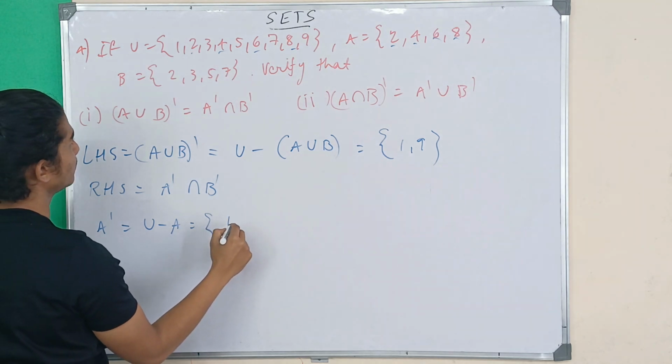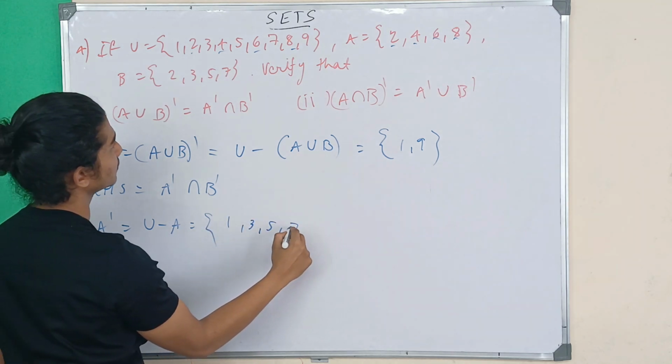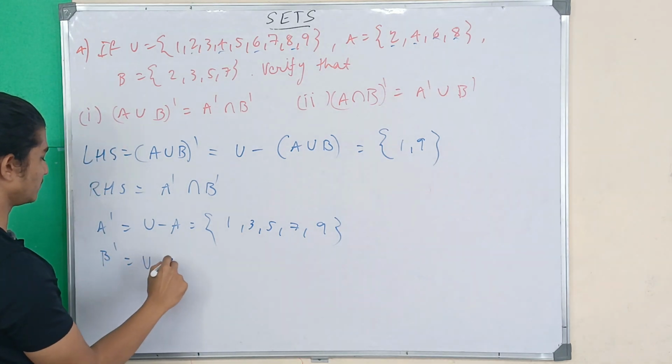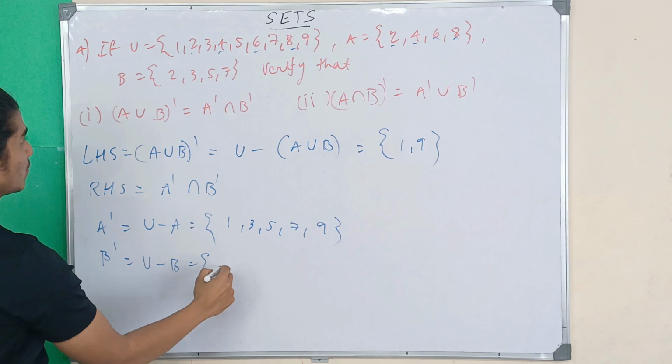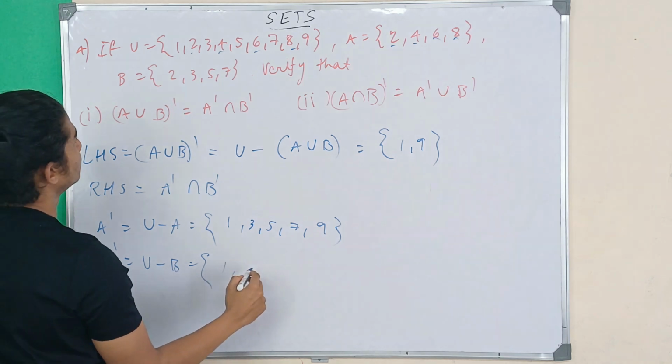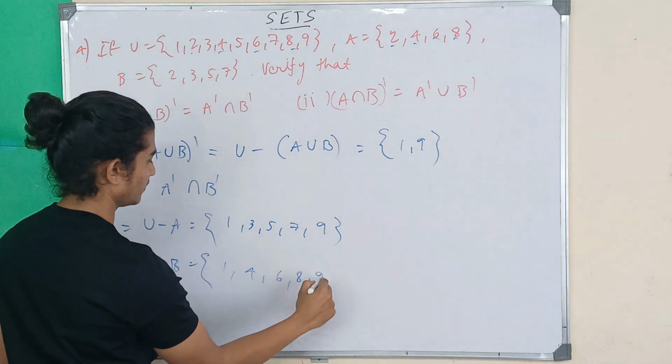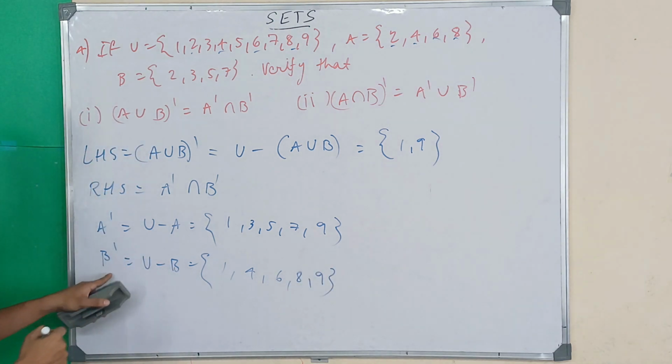This is your A complement. B complement is going to be U minus B, which is 1, 4, 6, 8, 9. This is your B complement, this is your A complement.